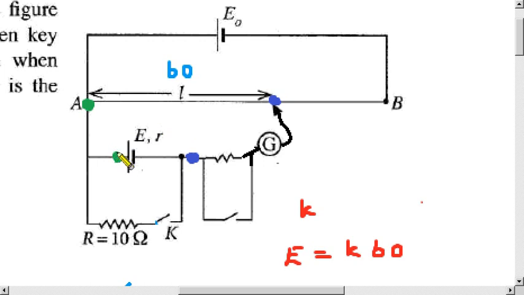Therefore I use green color for this side, because there is an E, capital E, that means electromotive force. Therefore these two are not equal, but these two are equal, and separately these two are equal.